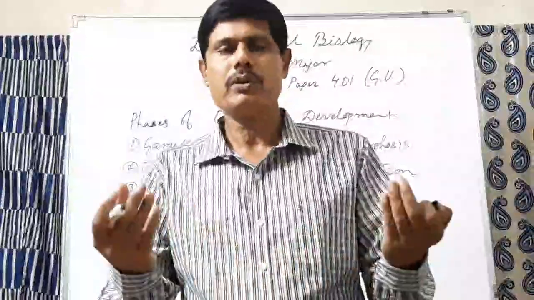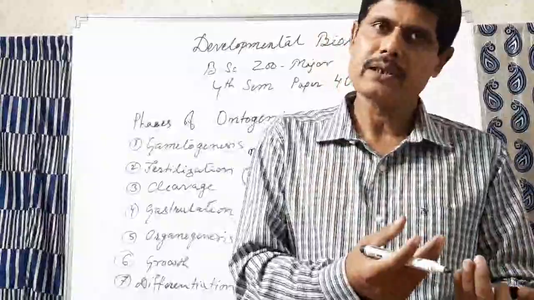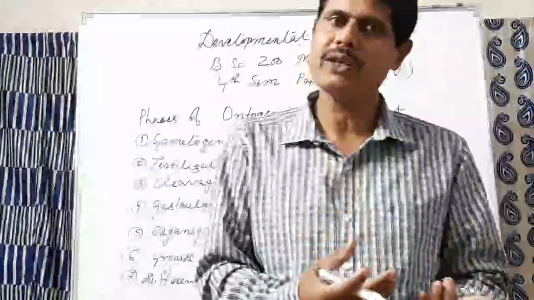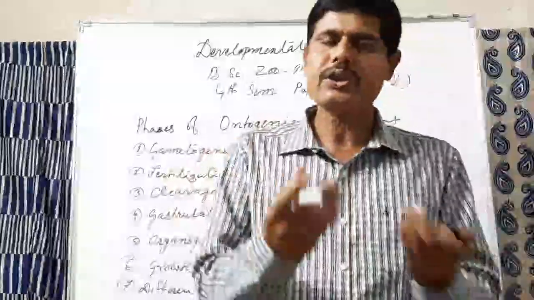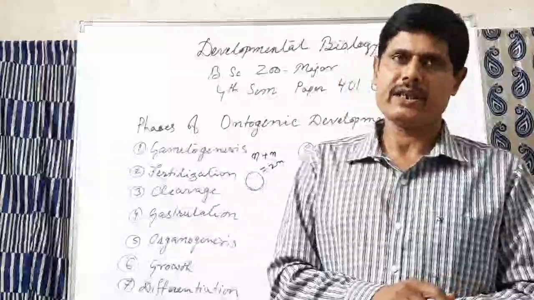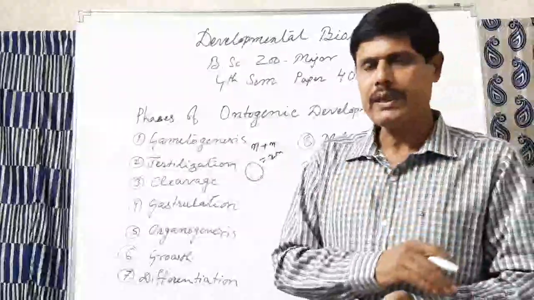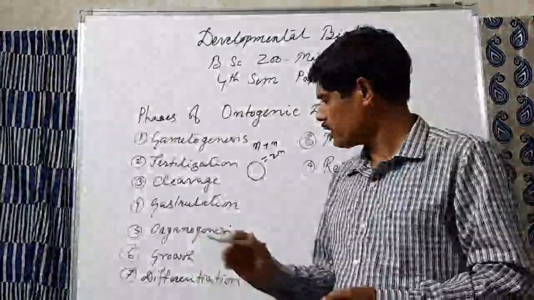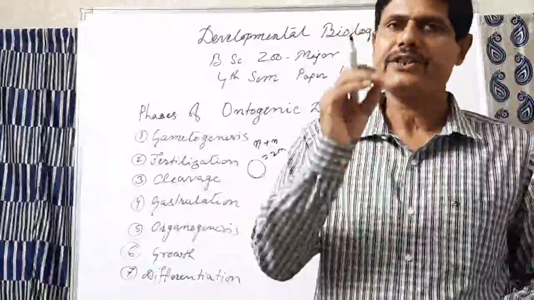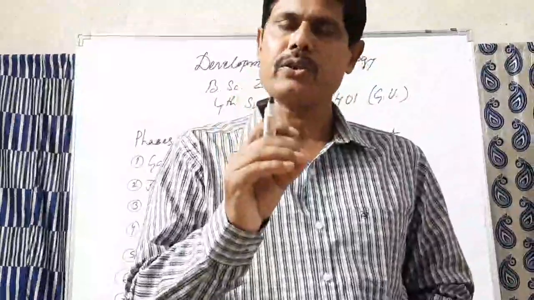We have muscle cells having different functions, nerve cells having different functions, blood cells having different functions, although all these cells have the same genetic material. This differentiation is again a synchronized process. It is the spatial and temporal expression of certain specific genes.